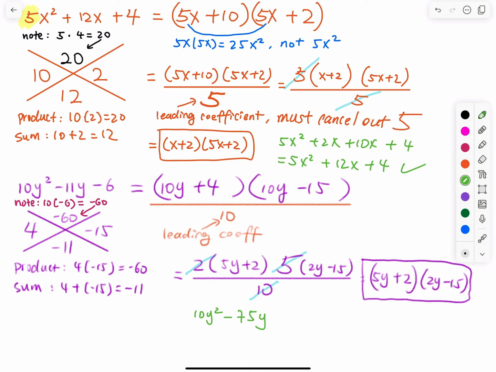Did I make a mistake somewhere? Plus 4 minus 15. 4 and 15, that is negative 11. 10y, take a 2, plus 4 minus 15. Factor out 2, so that will be 10y plus 4, factor out 5, 2y.